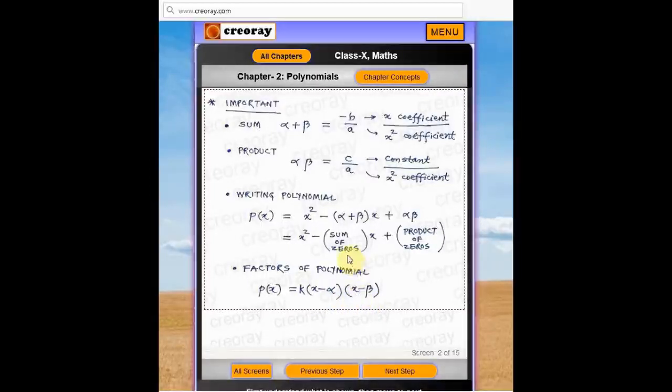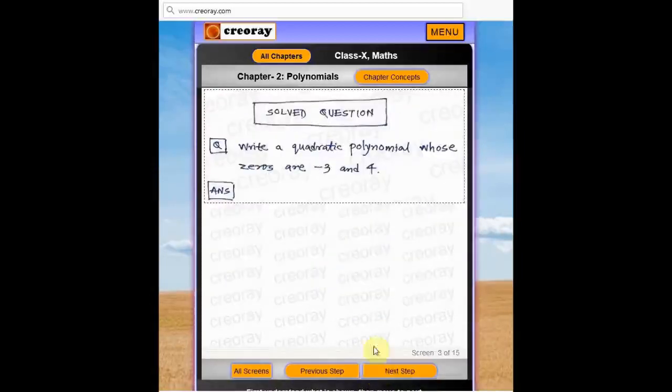So know that x minus alpha is a factor of p of x, and also x minus beta is a factor of p of x. Now you will require all these things while solving a problem. Some questions will be of 1 mark, some may be of 2 marks. Let's try to solve some questions.